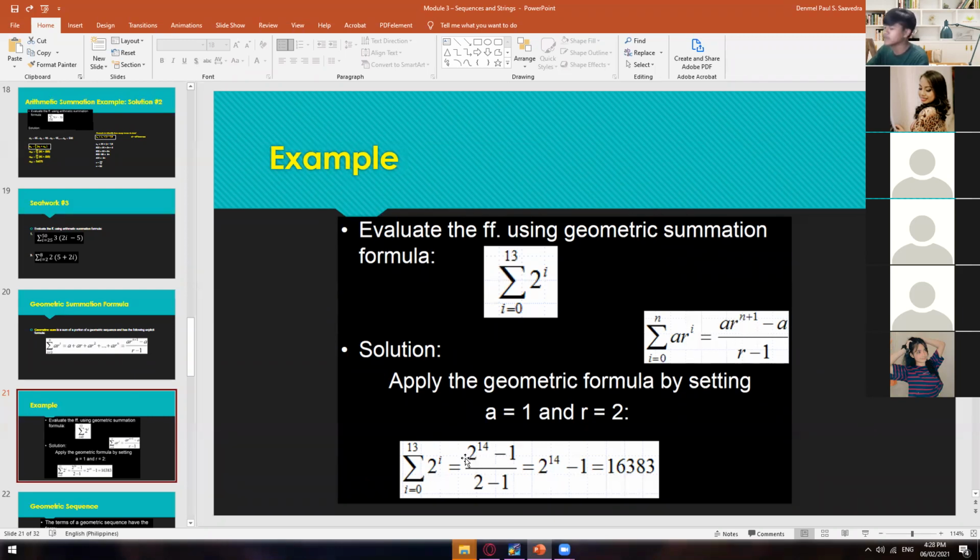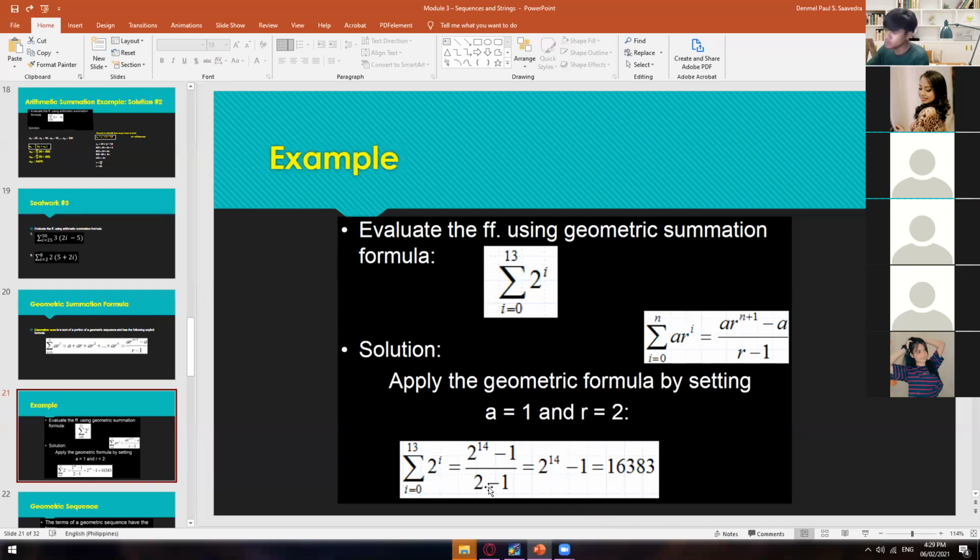So a is 1, so you can actually remove that 1 since nothing will happen just by multiplying it to 1. And then your 2 here is your r, and then raised to 14. So where this 14 came from? So this is the n plus 1. So n here is 13, and then plus 1, so you got here 14. And then minus a, so again, your a here is 1, so minus 1, divided by r minus 1.